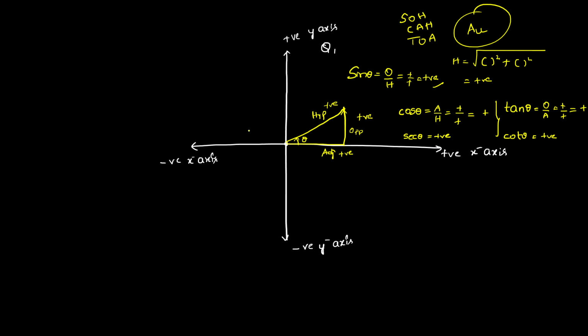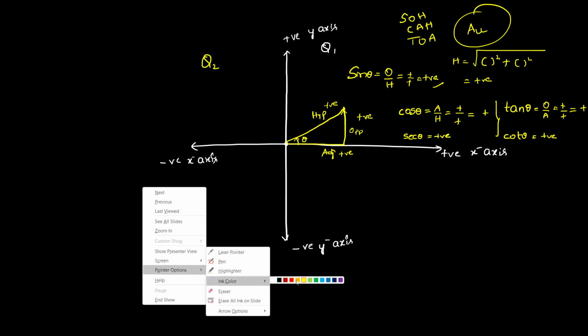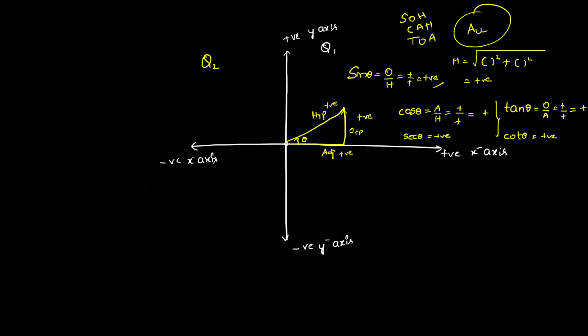In the same way, let us consider one more triangle here in the second quadrant. Now, here we are going in the negative x-axis direction.